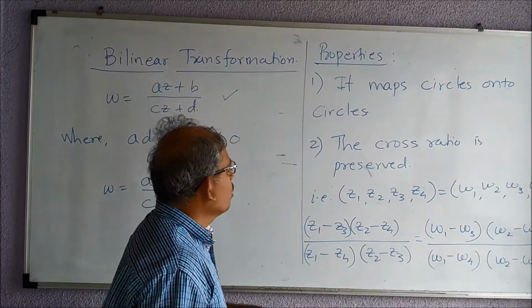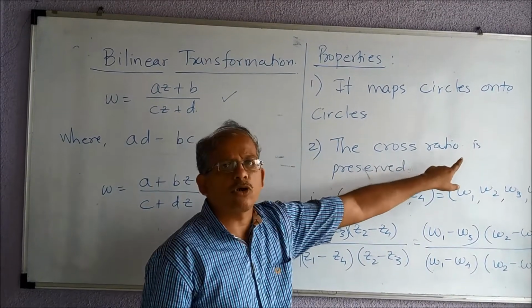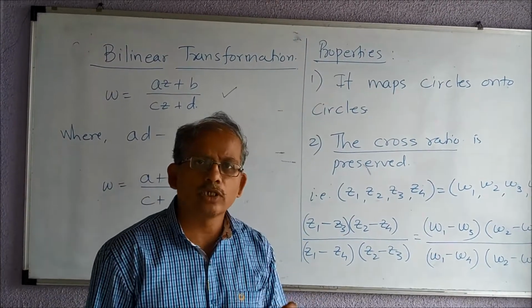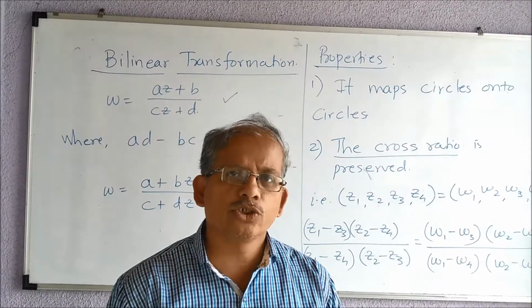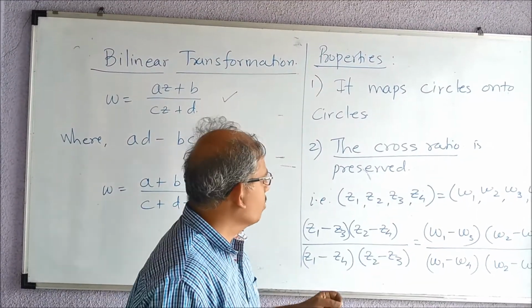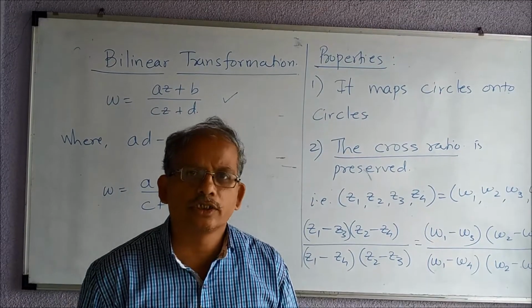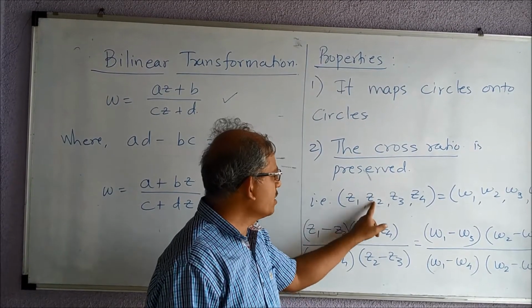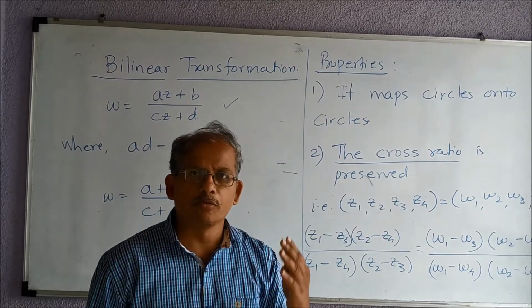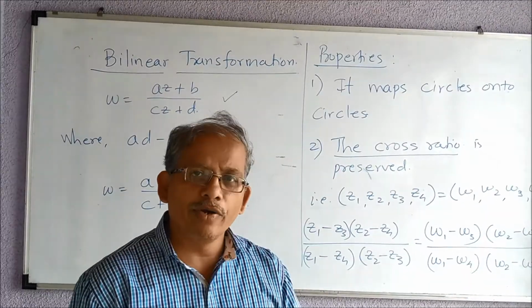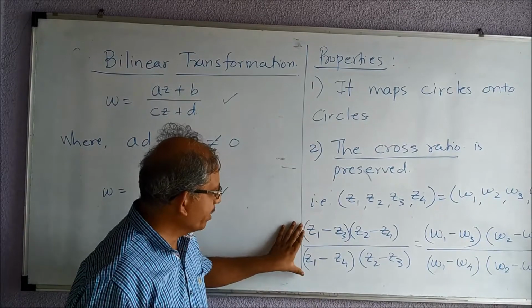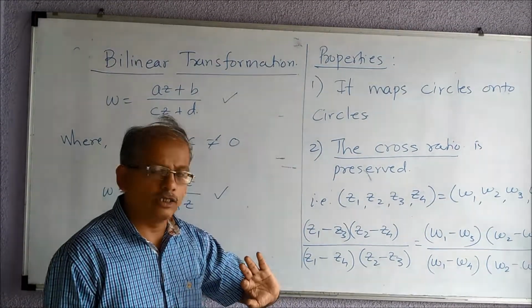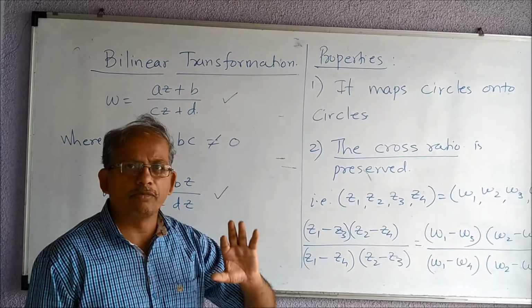Another thing is about the cross ratio. Now I know that you don't know what a cross ratio is. So a cross ratio is a fractional constant of four complex numbers Z1, Z2, Z3, Z4. How is it calculated? It is calculated with this ratio. See how I have written this, it is very important to remember.